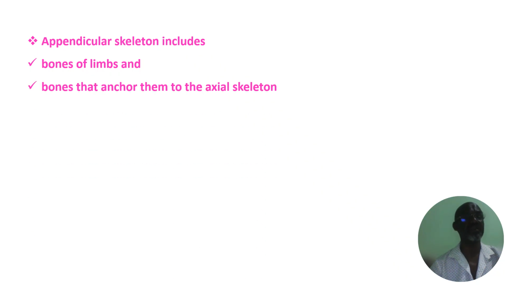Let's go in detail. Appendicular skeleton includes bones of the limbs, upper and lower limbs, and bones that anchor them to the axial skeleton, both bones that attach the upper limb and lower limbs to the axial skeleton, which we call the girdles, either shoulder girdle or pelvic girdle.